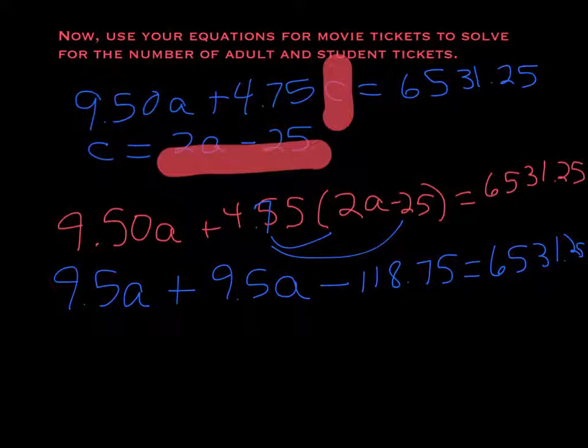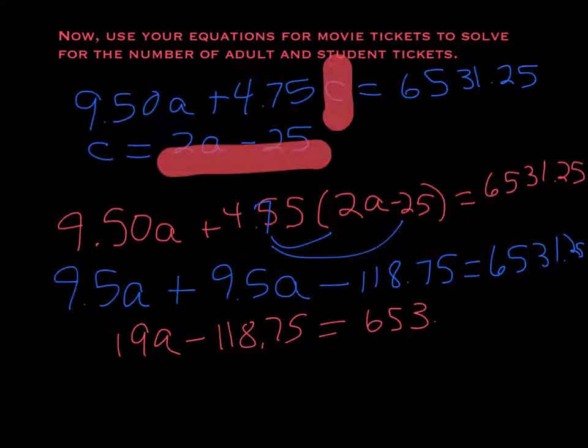Notice here I can combine like terms. Those are on the same side, so I can just add them together, and when I add them together I get 19a minus 118.75. All that equals $6,531.25.